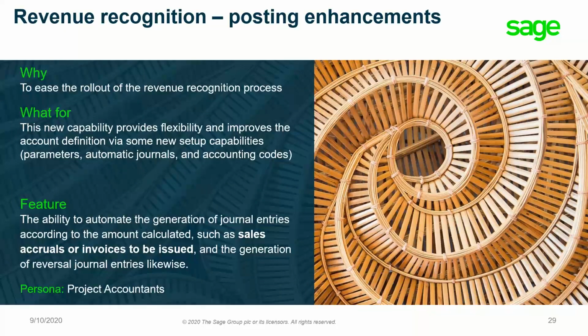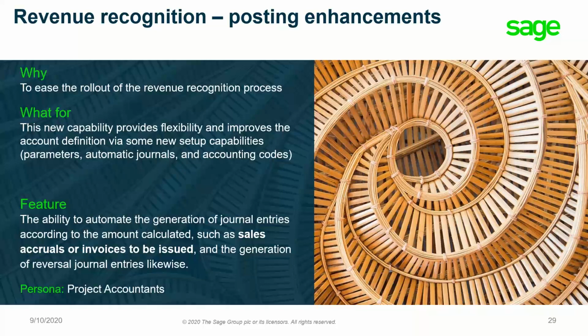slide deck. So the next new capability related to the revenue recognition is about the posting enhancement. Again, we continue to ease the rollout of the revenue recognition process in X3.